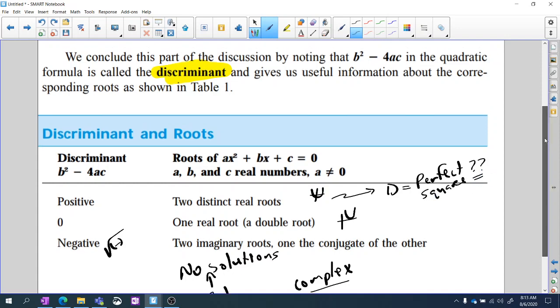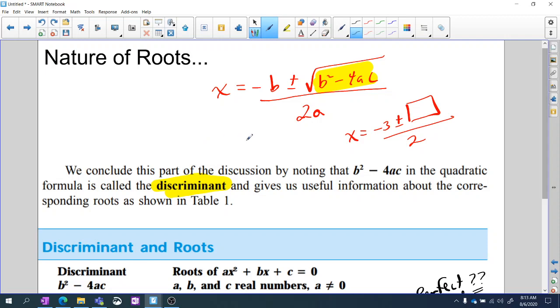So if underneath here, this value was a perfect square, well, from our work on solving quadratics using the quadratic formula, we revealed that if that turned out to be a perfect square, then the quadratic actually would have factored. And if a quadratic would factor, you get nice rational number solutions.